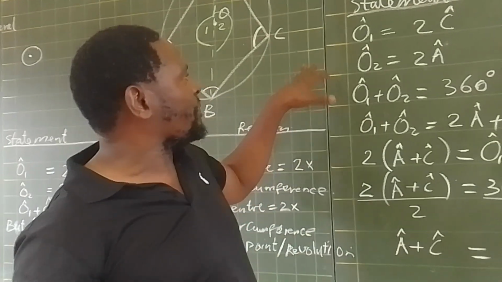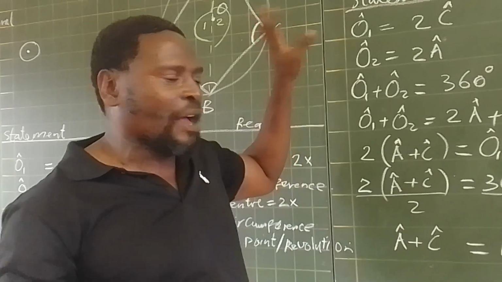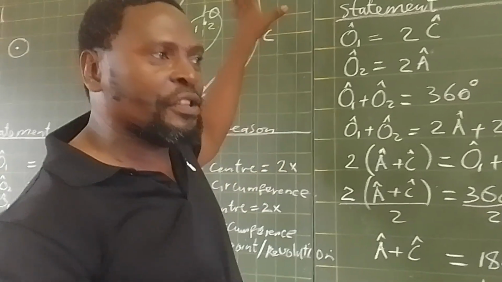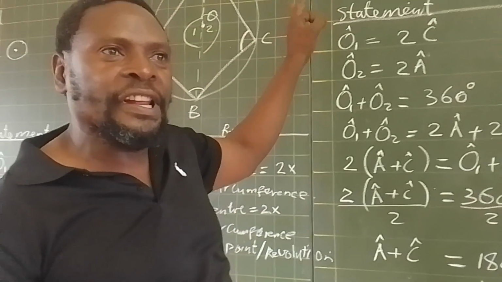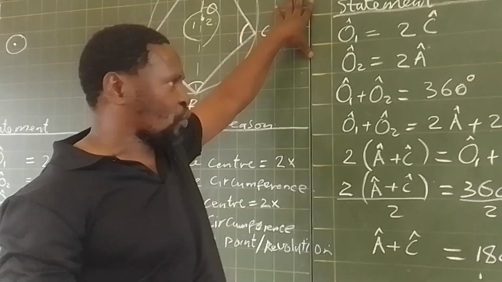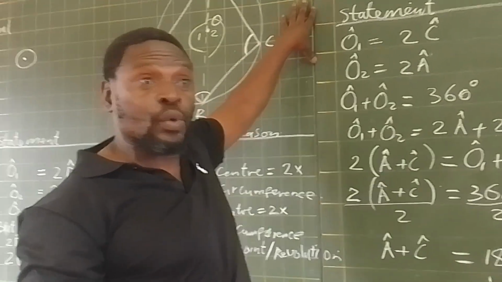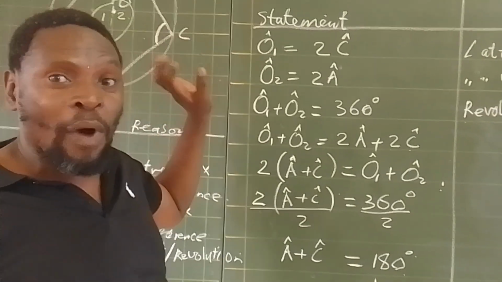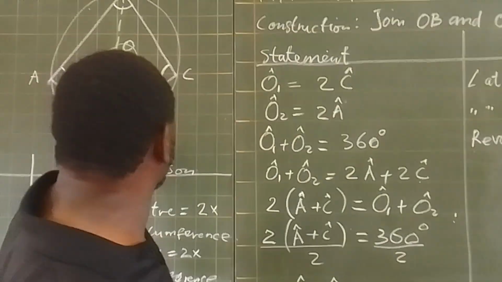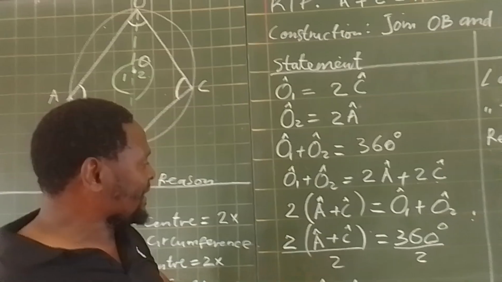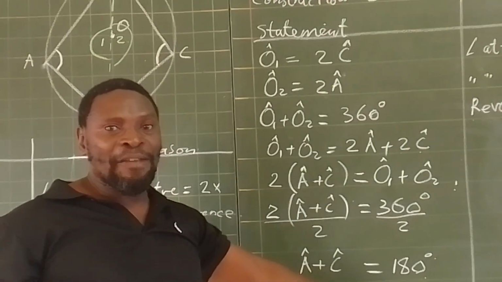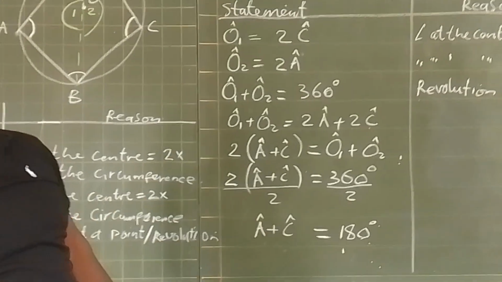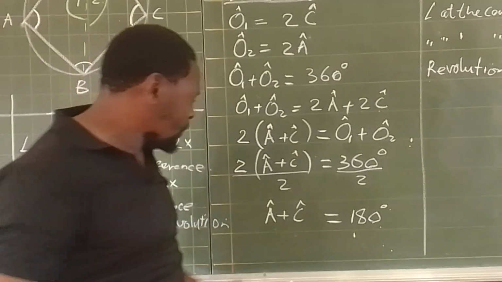You will see that we have covered how you apply and how you prove theorem 1, theorem 2, 3, and 4. This is one of the theorems that they like to ask. In fact, all of them, but this one is the most common. They want you to prove that angle B plus D is 180 degrees and angle A plus C is 180 degrees. That is a cyclic quadrilateral.